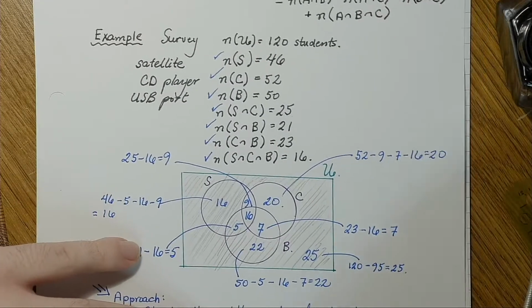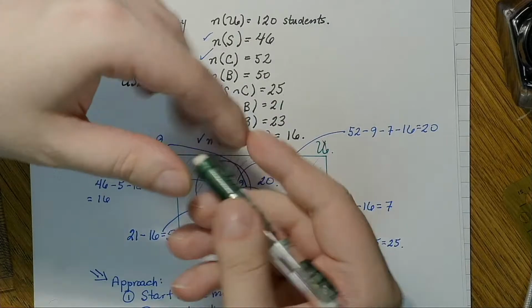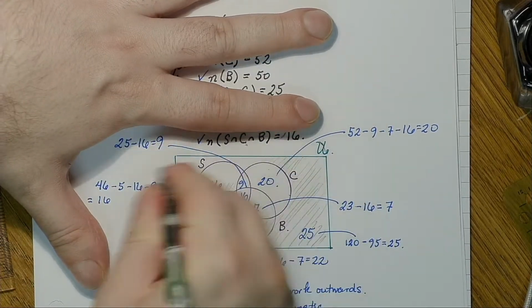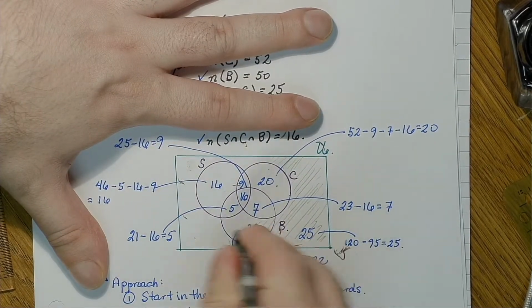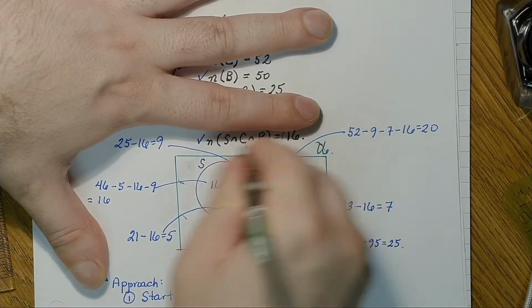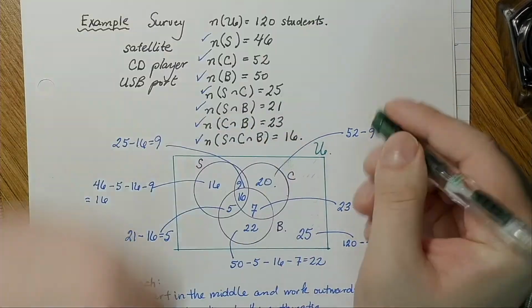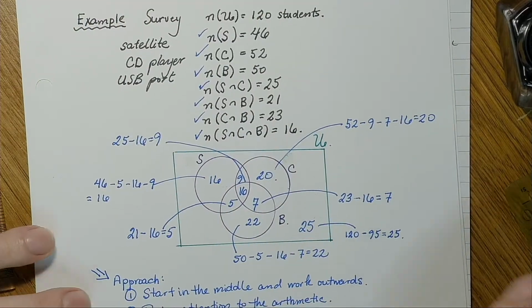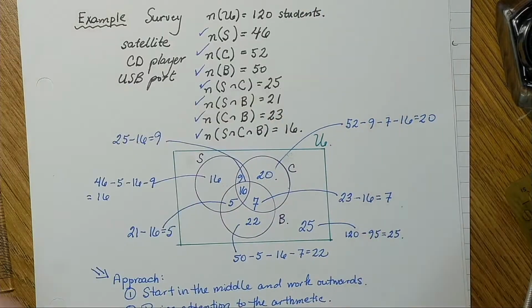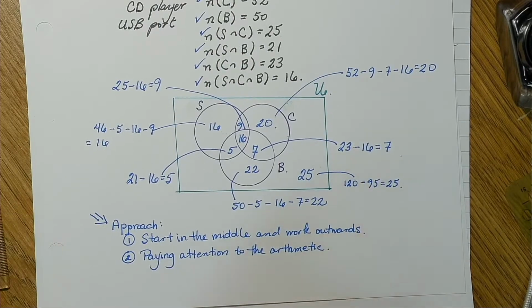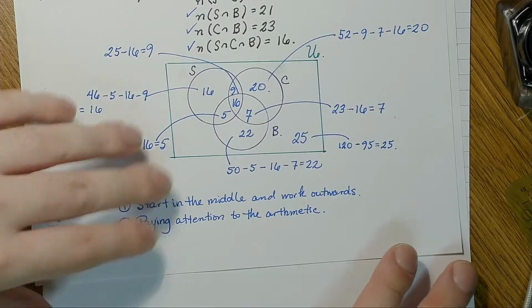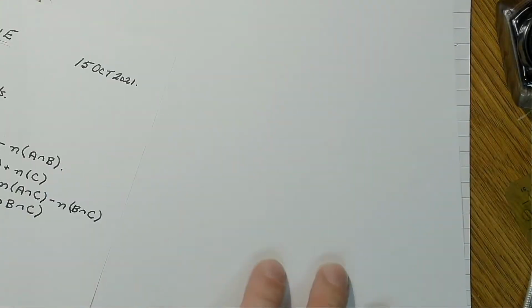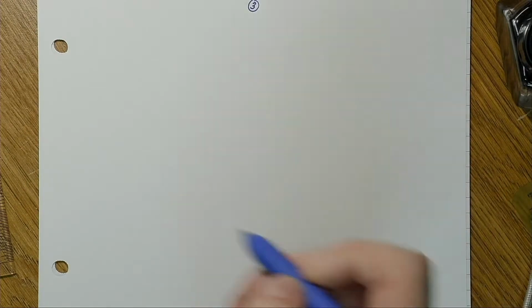Okay, so if we go back to this, which was what we had for our Venn diagram, and we can go back to what we had initially. It's getting a bit of a workout. It's got lots of eraser marks now, but you can still read it. We can do something else. Let's do one more question about this.